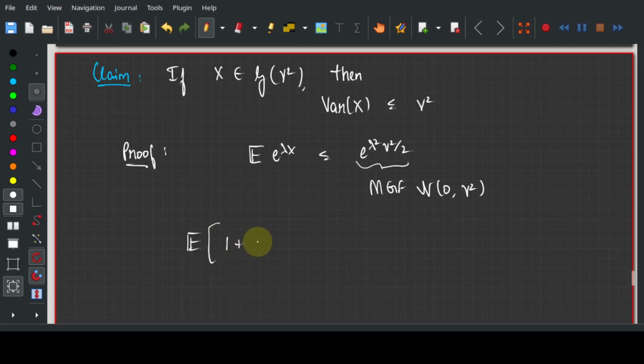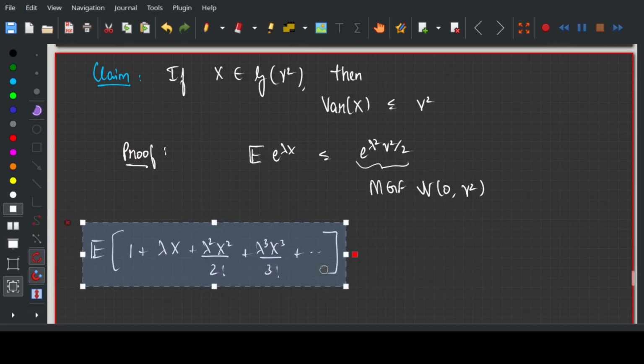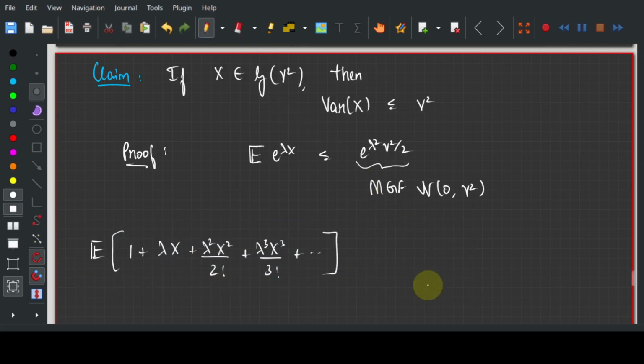So 1 plus lambda x plus lambda square x square divided by 2 factorial plus lambda cube x cube by 3 factorial and so on. Correct? So this is true for the left hand side. So let me say that the random variable on the right hand side is z.